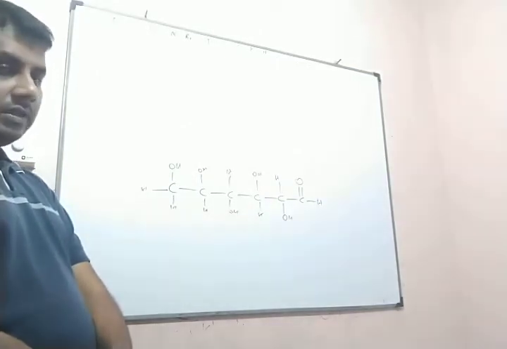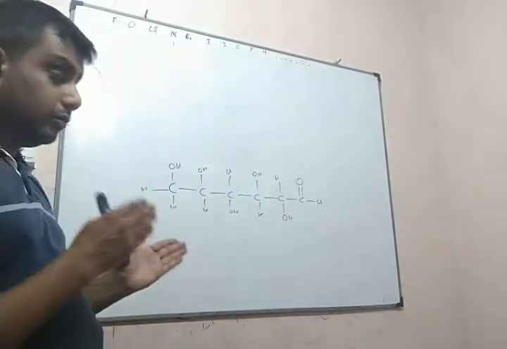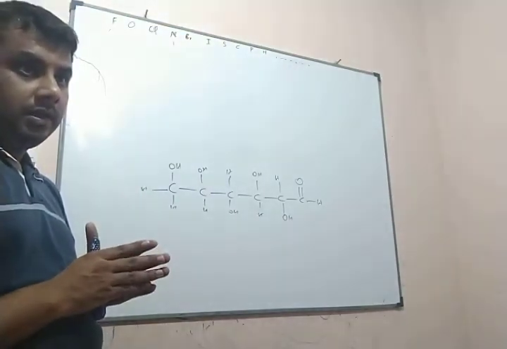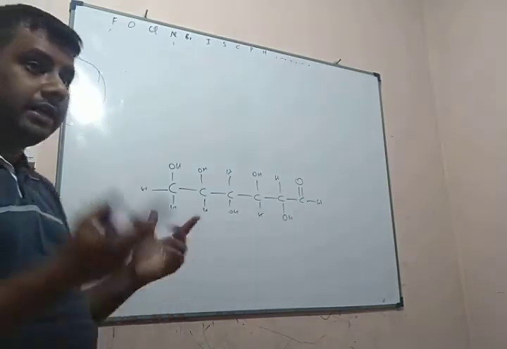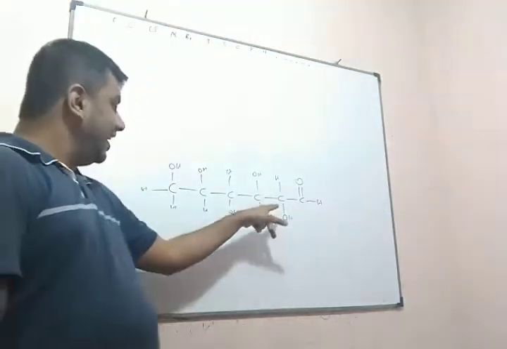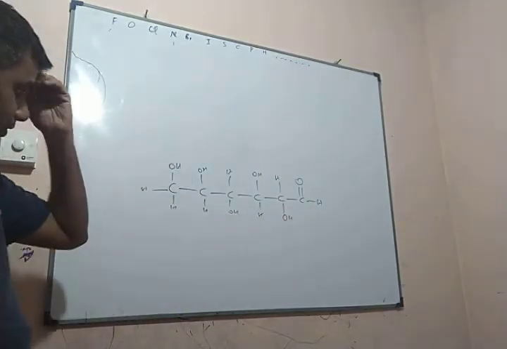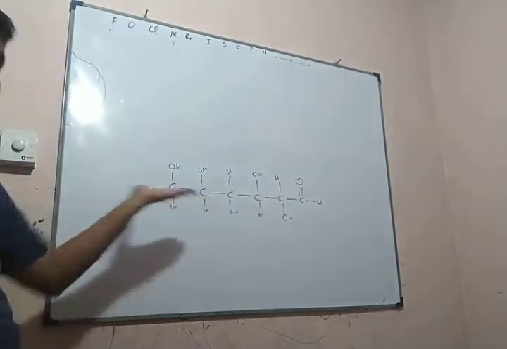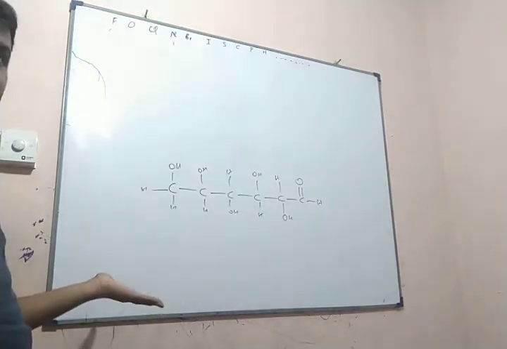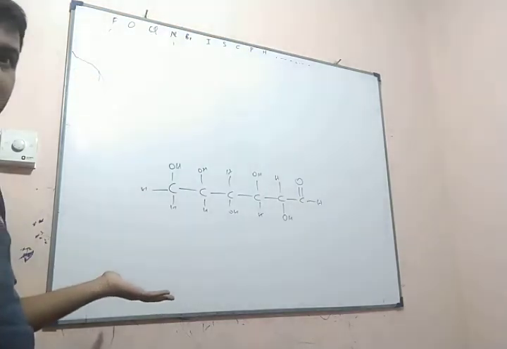So just say you want to buy this compound. Will it be okay if you say I need 2, 3, 4, 5, 6 pentahydroxy hexanal? What you would ask is, I need some glucose.